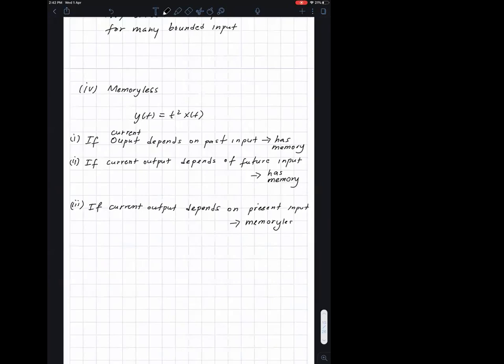Generally, in the time domain, for example, on the time axis you have 0, 1, 2. It depends on where you are standing.